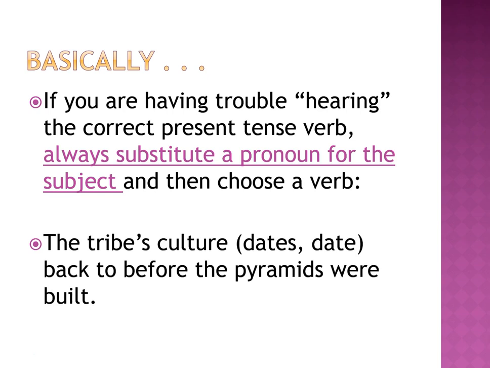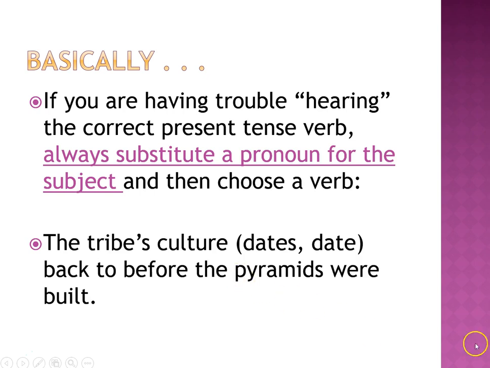So here's an example. Kind of a tricky sentence. The tribe's culture dates back to before the pyramids, or the tribe's culture date back to before the pyramids were built. A little bit tricky to just hear whether we need an S or no S on the end of our verb. So all we have to do is identify the subject and then substitute a pronoun for it.